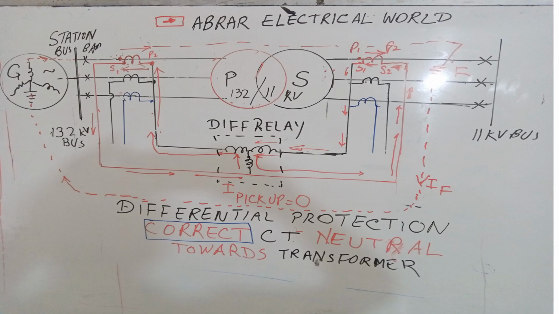Now see, if there is a fault outside of the zone, outside of the transformer, then I have shown you the direction of the current. Current will flow from right here and will flow like this through the transformer and then into the fault, and then this is the return path of the fault current.